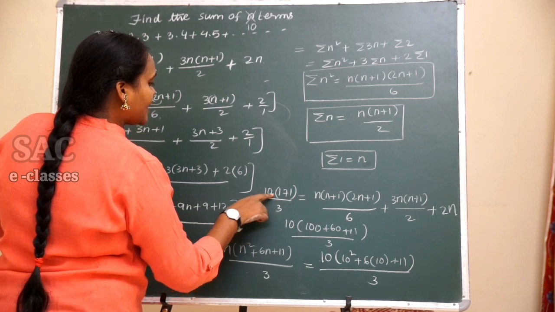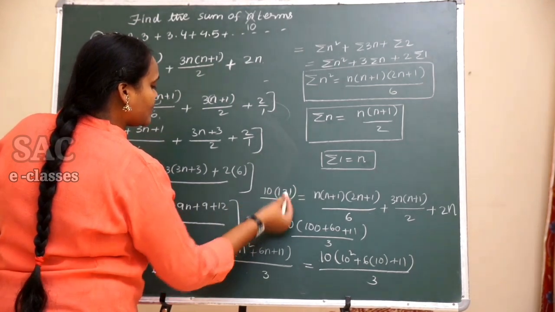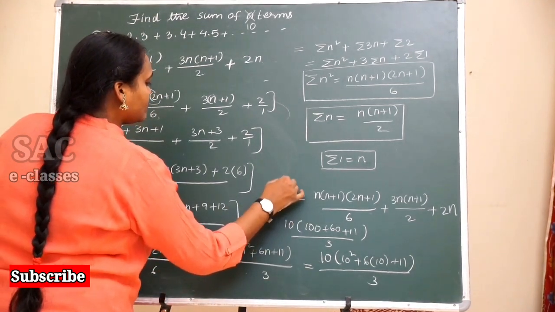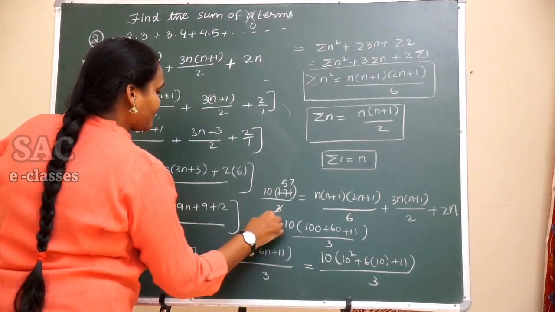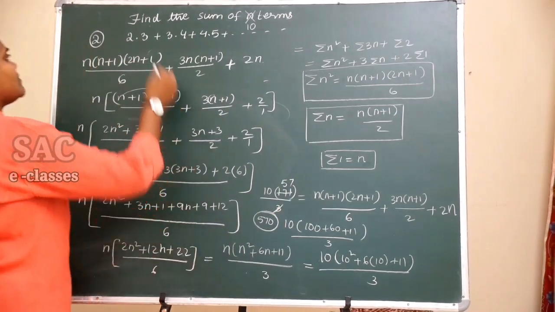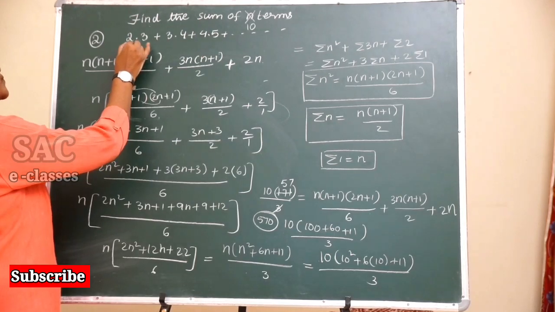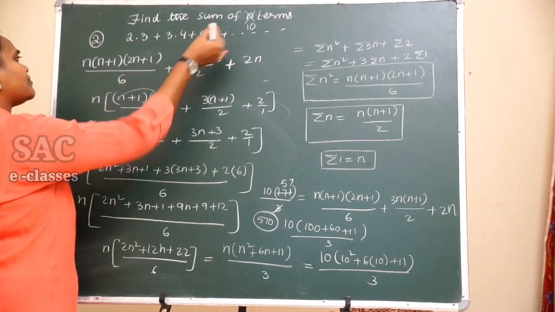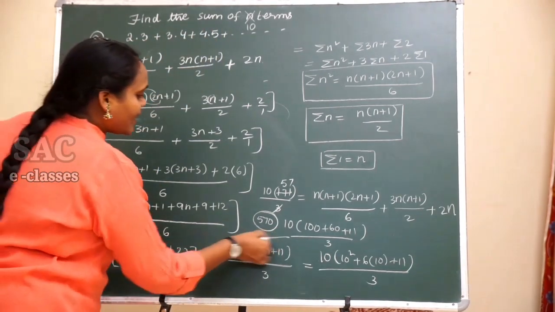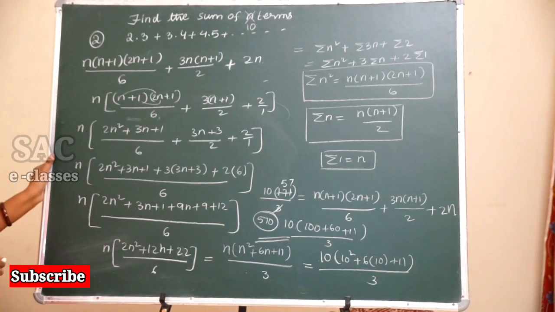You can write it as 10 into 171 by 3, or simplify it to 10 into 57. The answer is 570. So the sum of the 10 terms of 2 into 3 plus 3 into 4 plus 4 into 5 and so on is 570.